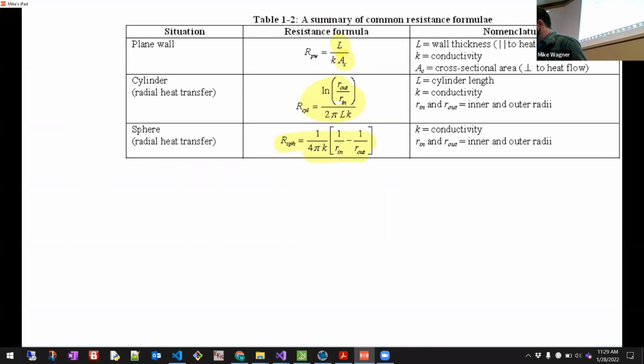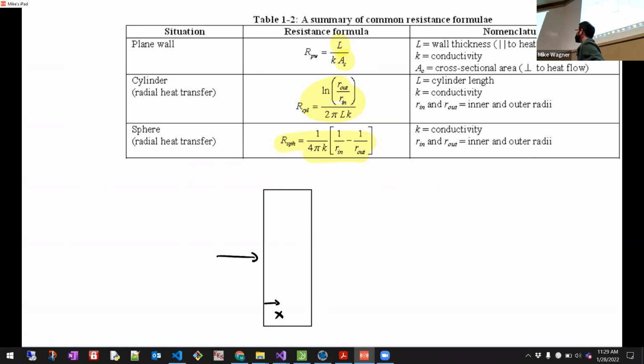So if you have a plane wall, let's say it looks like this. You have heat flow in this direction. Let's call this positive X. Let's draw this in 3D, I guess. So what is L? In this case, L is this length here.